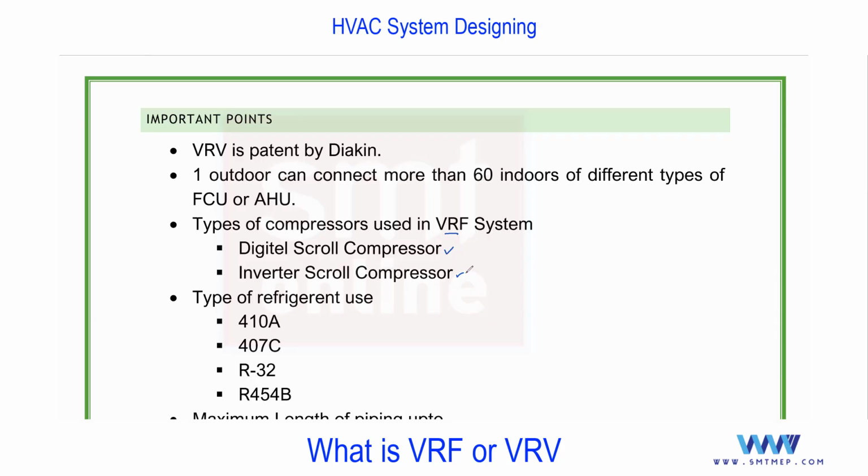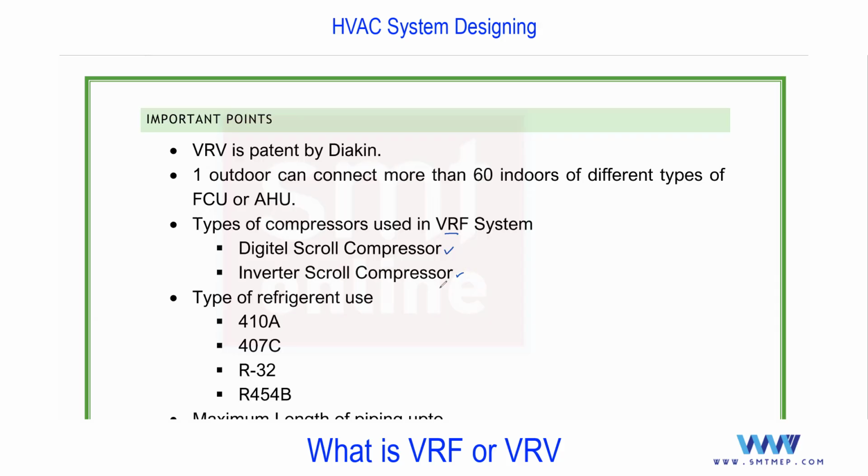An inverter scroll compressor, you'll find this variation in speed. The inverter scroll compressor can run at different speeds because it works with a VFD drive. So what is VFD? You'll find it next, and it is a very important concept, not only for the compressor. The VFD concept is important for the pump as well as for the fan in HVAC.